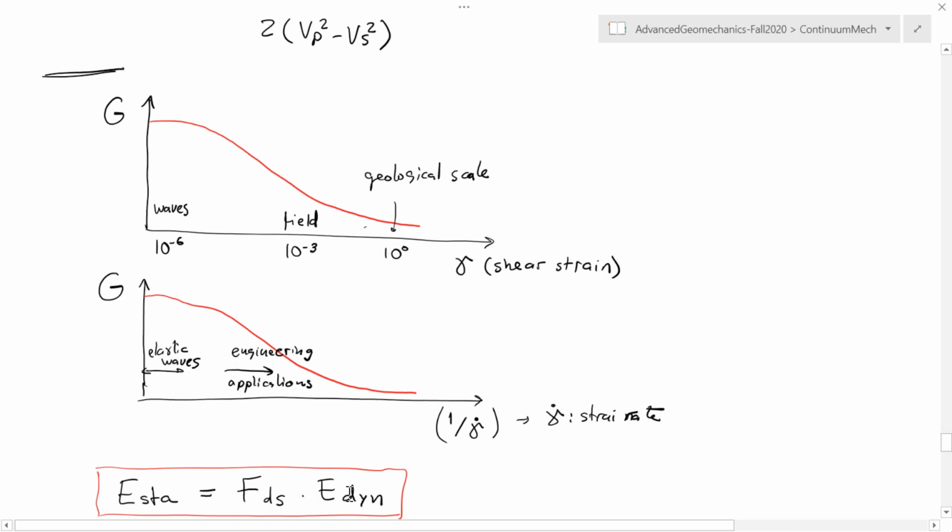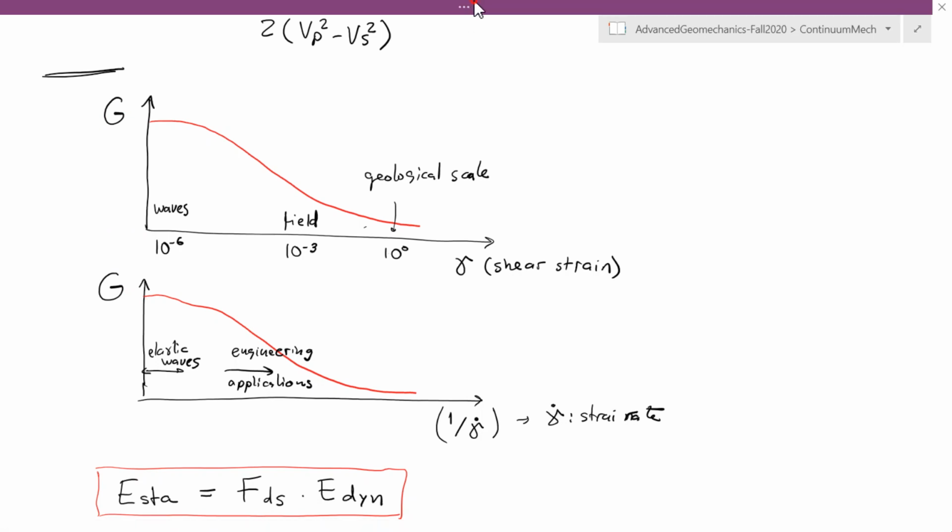So if I want to discard all these effects caused by fluid saturation, it's easier just to look at the shear modulus, which is the property mostly of the solid skeleton of the rock. That's why here we use the shear modulus.